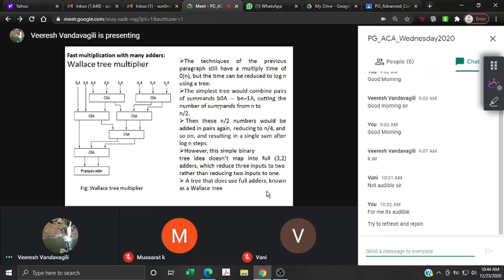This continues. The idea does not map to a full adder, the 3,2 adder, which reduces 3 inputs to 2 outputs in one tree. So this is the Wallace tree.